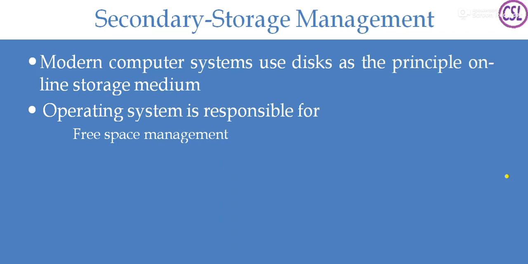With utilities like disk defragmentation, the operating system combines all this free space and places it in one area. That is free space management, because if all the free space is available in one area, accessing the content on that space is easy.